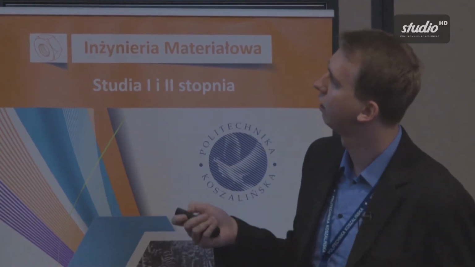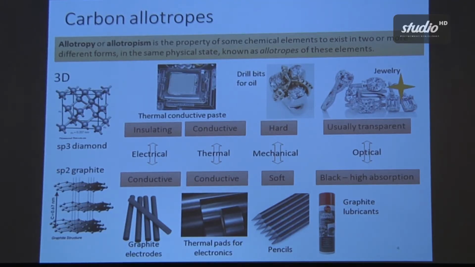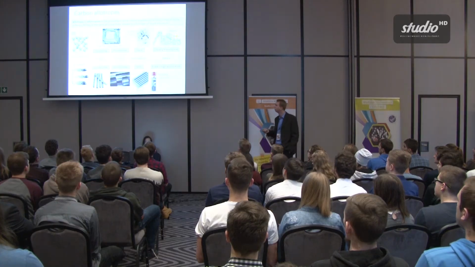I will start from the allotropes a bit. Basically the species of the carbon which are the same, but the bondings are a bit different. We have the two most commonly known, the diamond and the graphite, which have different electrical, thermomechanical, and optical properties. As we know, the diamond is the hardest material ever known.